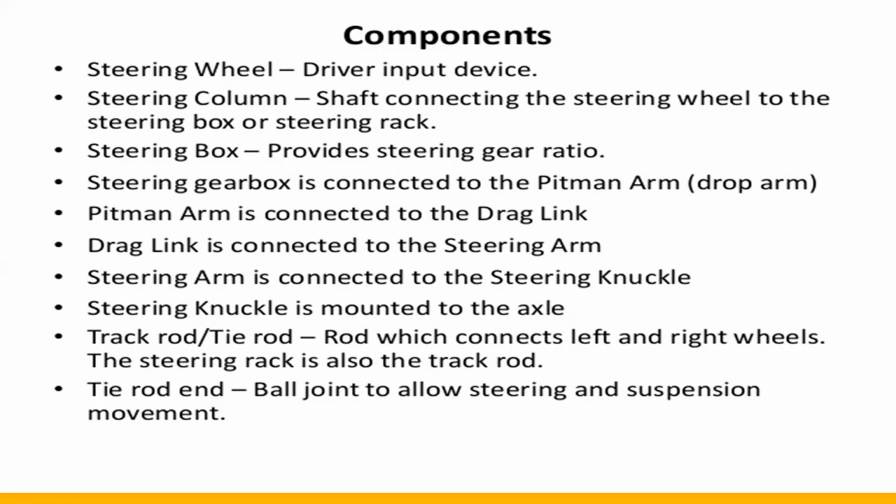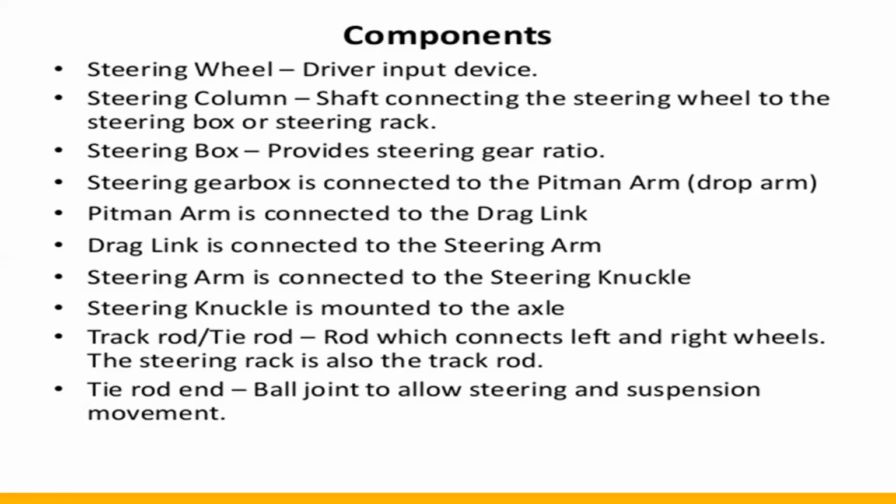The steering gearbox is connected to the pitman arm, that is, the drop arm, and the pitman arm is connected to the drag link. The drag link is connected to the steering arm, and the steering arm is connected to the steering knuckle.